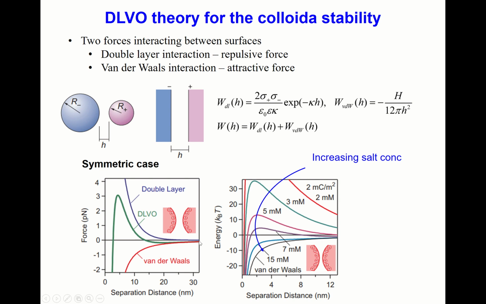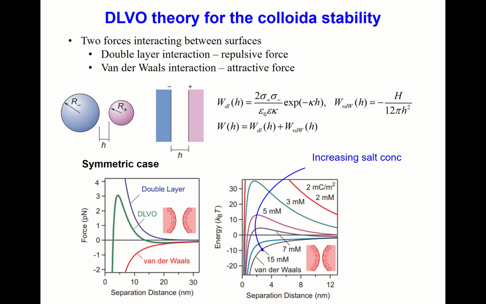When two surfaces are far apart, van der Waals force is very small, and when they are brought closer, suddenly at very close range, the van der Waals attractive force increases very rapidly. So the total force is represented as this green line.